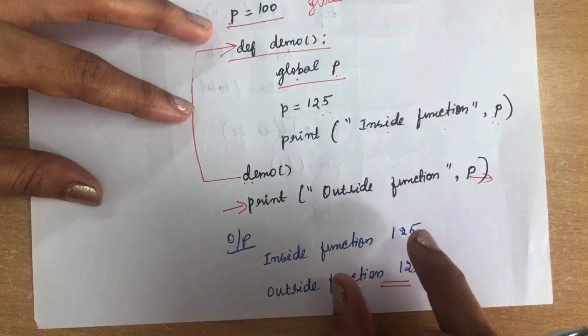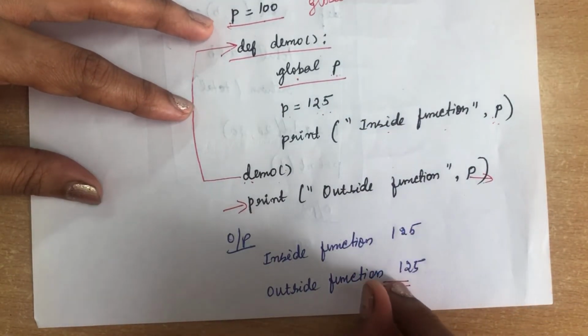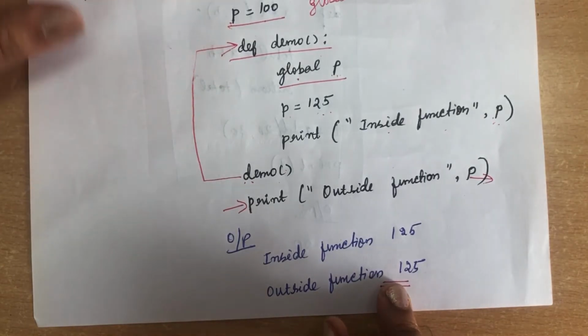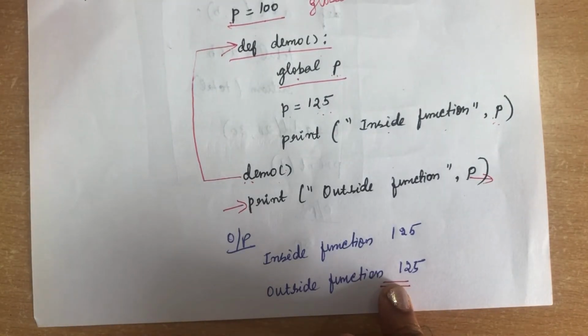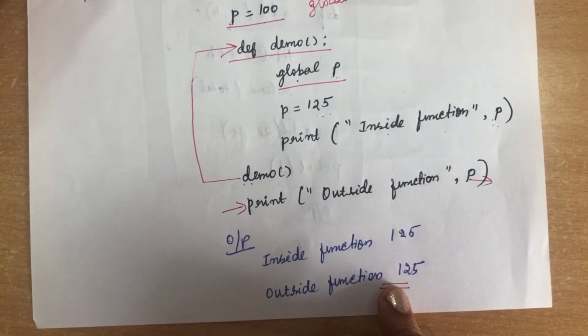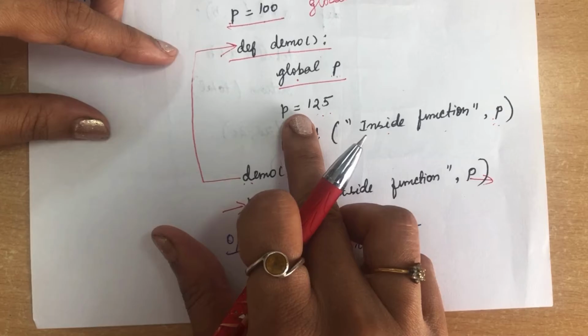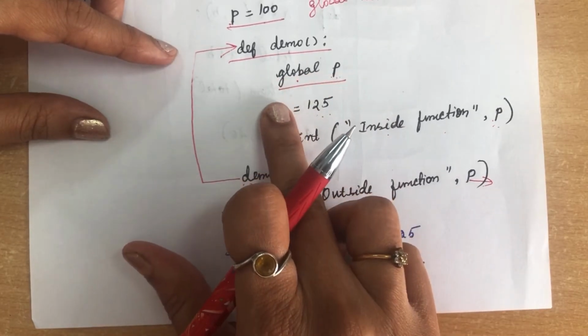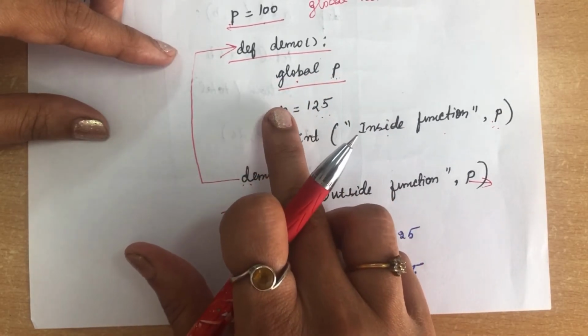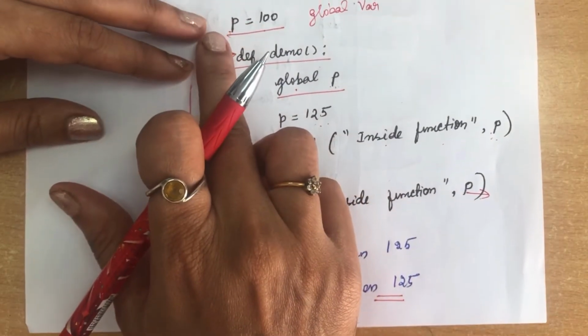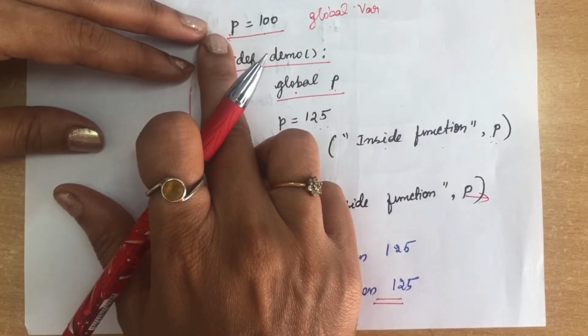Both inside and outside the function it is 125. So this is all about local and global variables. What are local and global variables? Local variables are variables which are declared and accessed only within your function body. And global variables are variables which are defined and accessed outside the function body; we can call them global variables.